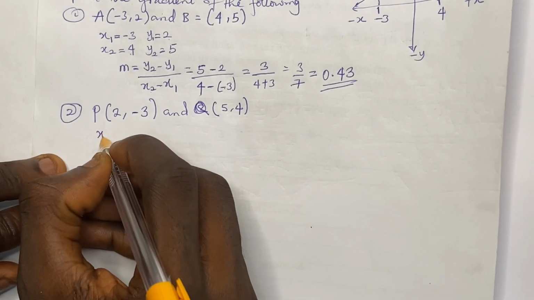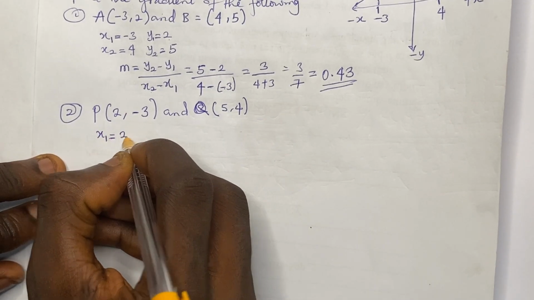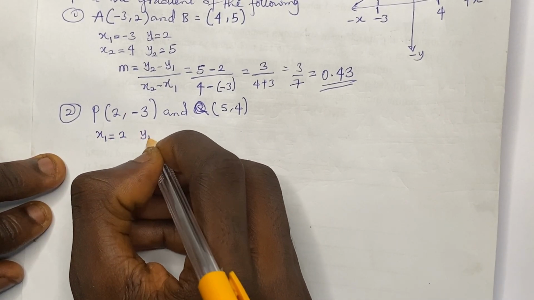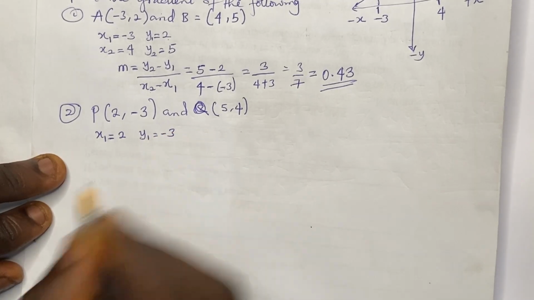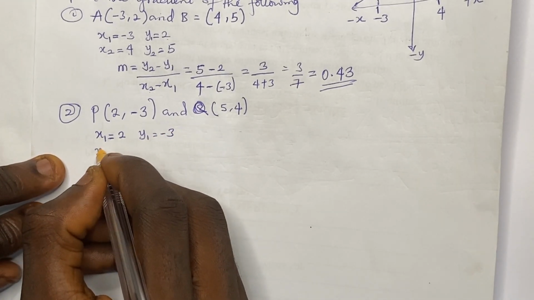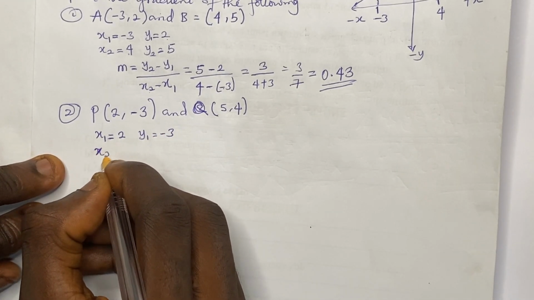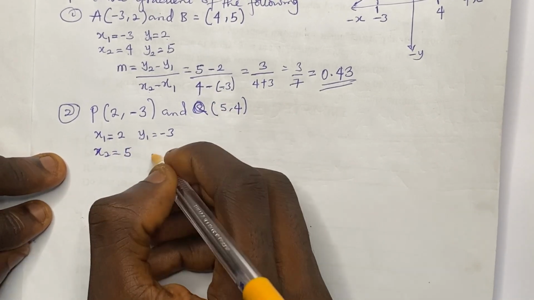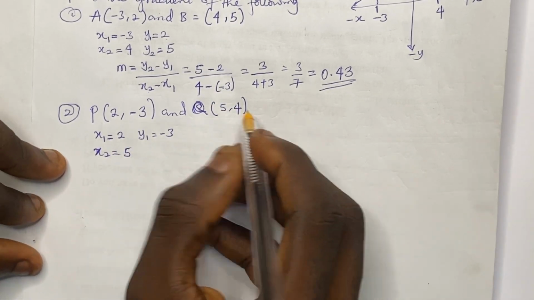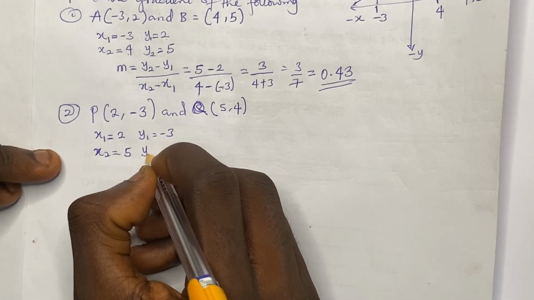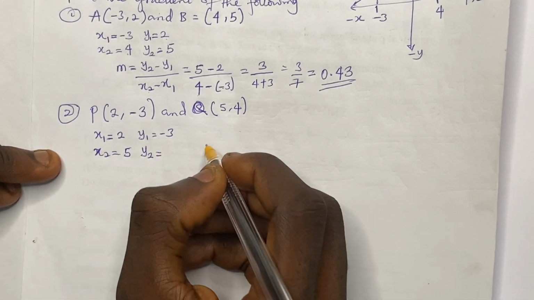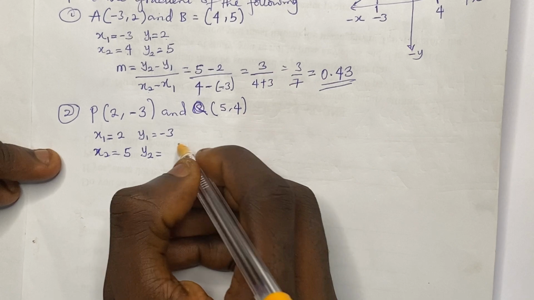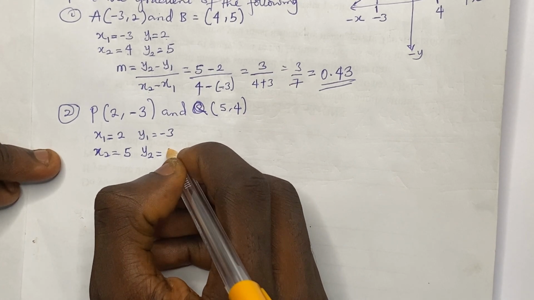Here it means x1 is what now? 2. y1 is what? Minus 3. Are you seeing that? Then x2 is what? 5, and then y2 is what? y2 is 4, right?